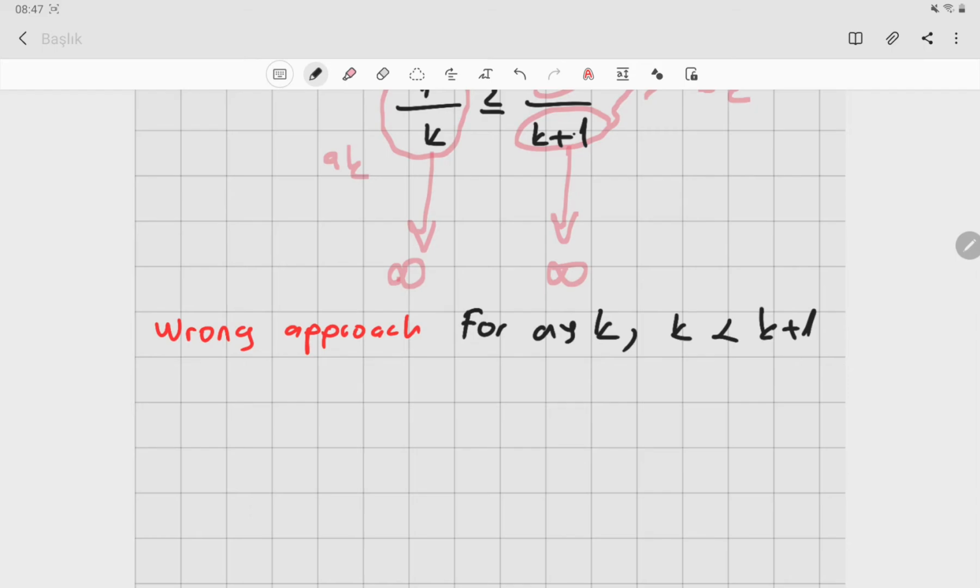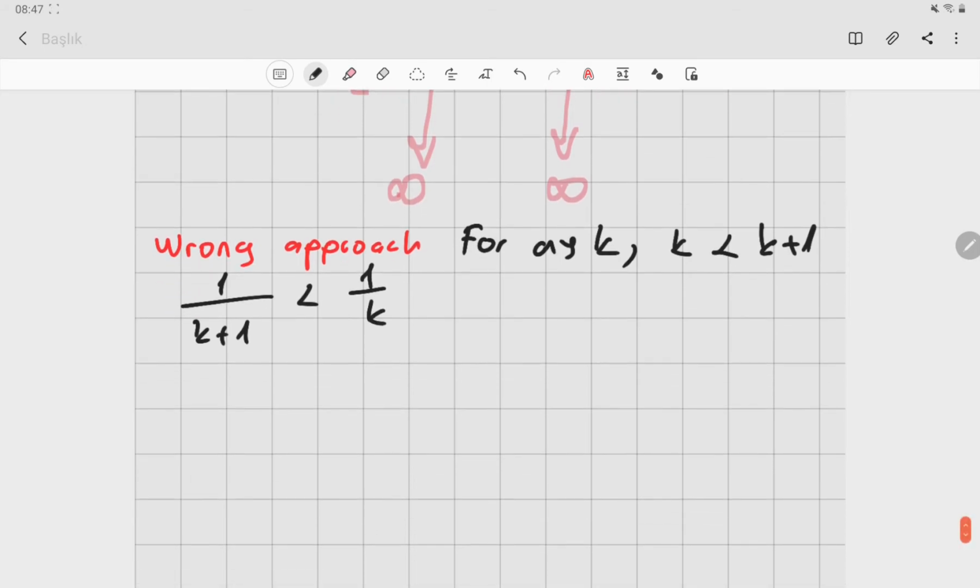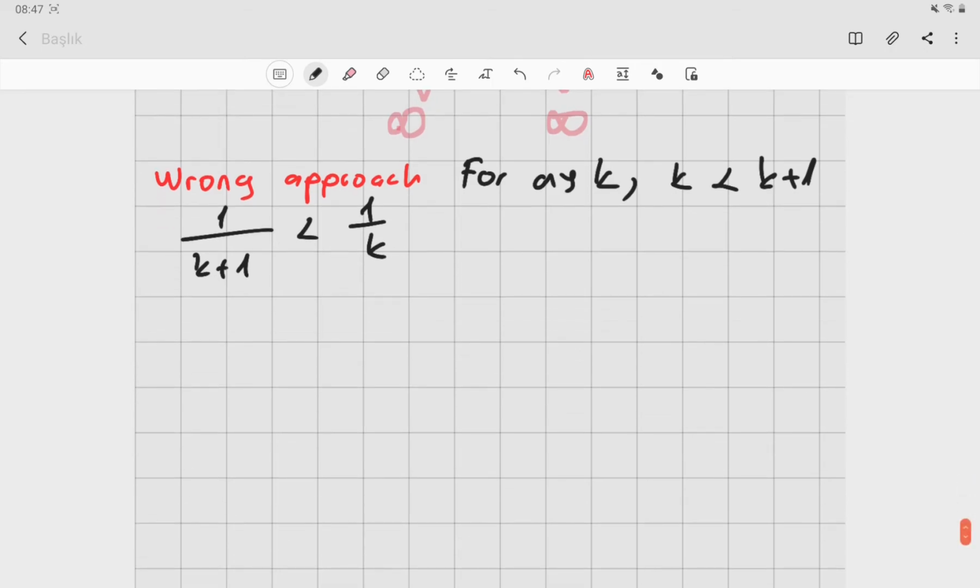And if you have this inequality and you may write smaller than 1 over k, then you may want to work comparison tests, and you say that here is infinity. Then you can't say anything, because in such a case the comparison test doesn't work.